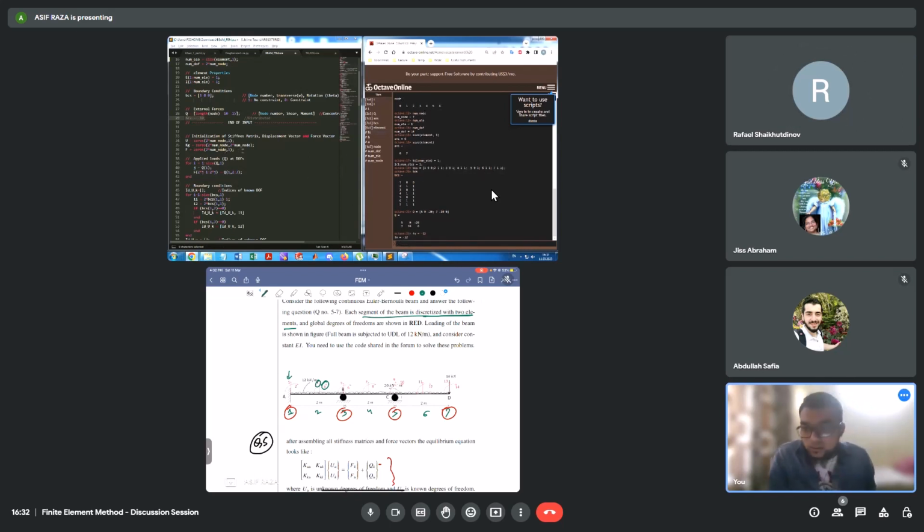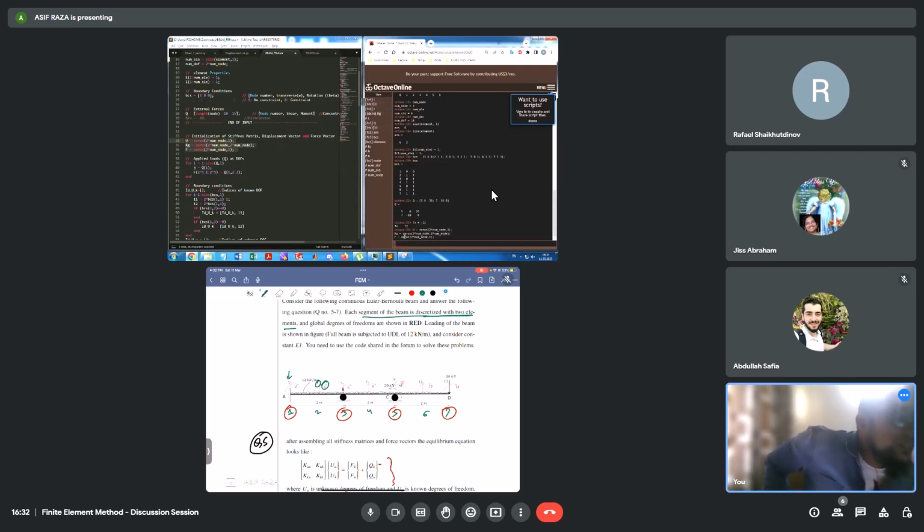Now next part, initialization of stiffness matrix, displacement vector and force vector. If you see line number 34, we are providing the global displacement vector. U is equal to, first of all we are initializing, so we are keeping zeros.